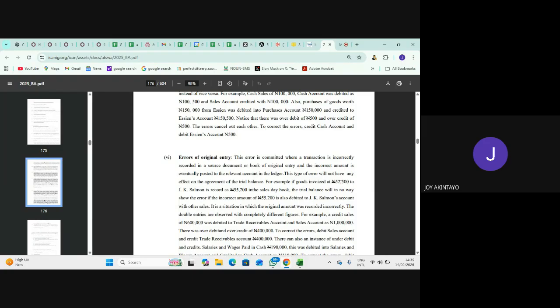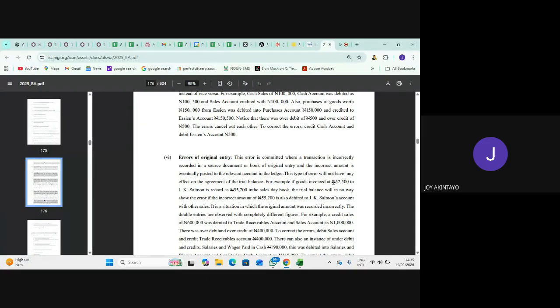After we prepare our sales day book, we now have a transaction incorrectly recorded in the source document.